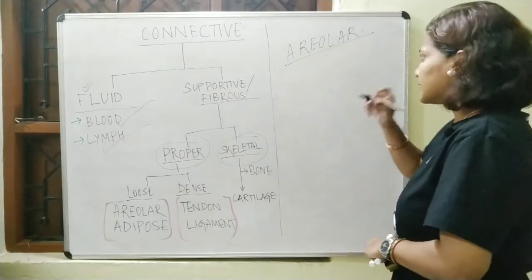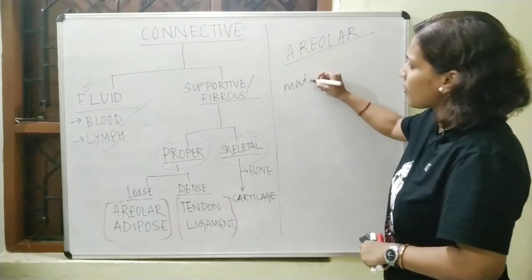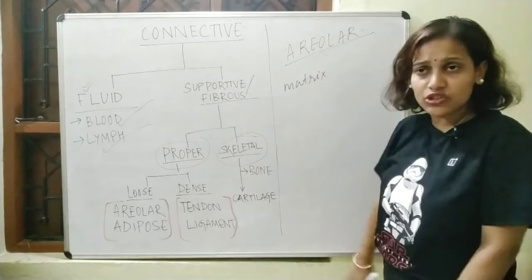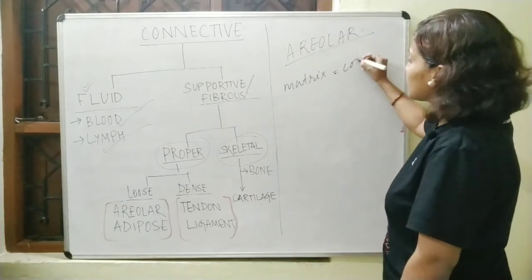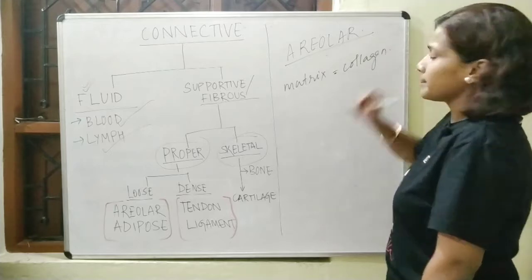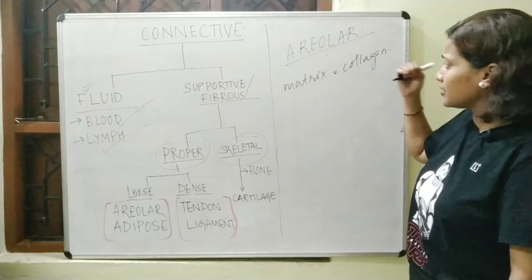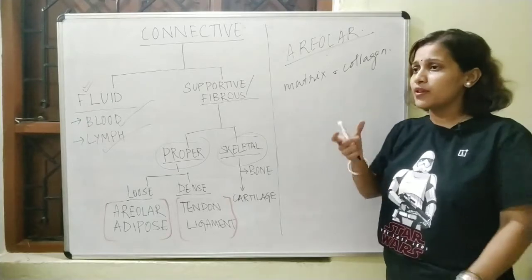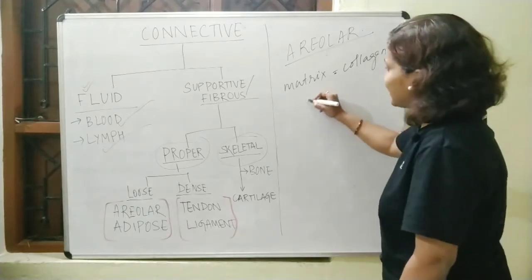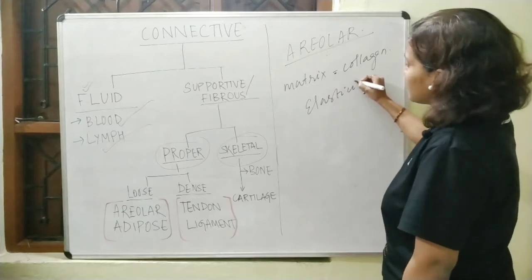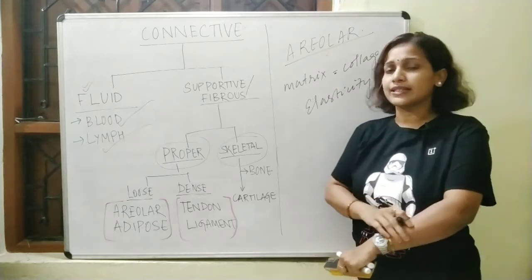Okay, and the matrix of this areolar tissue has a lot of collagen inside it. The reason is that this collagen is responsible for providing the elasticity you have in your skin.